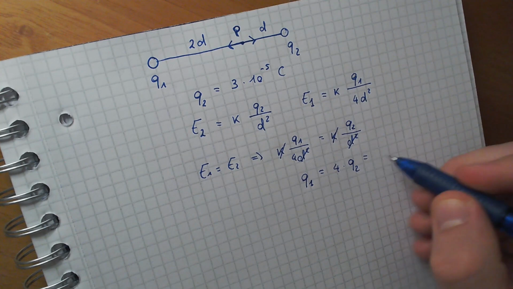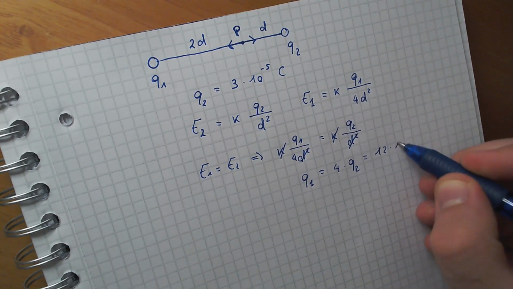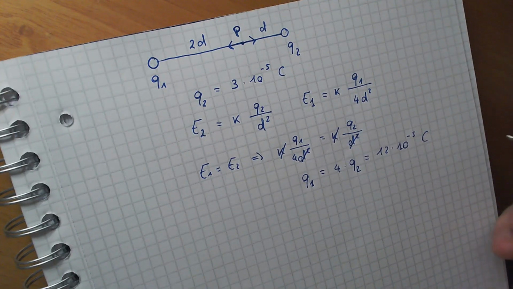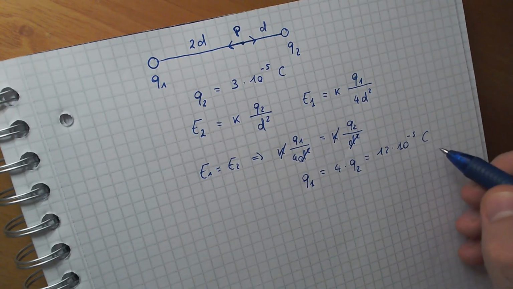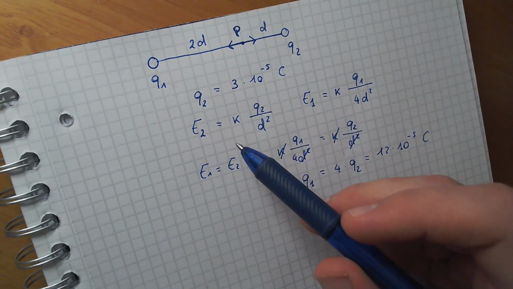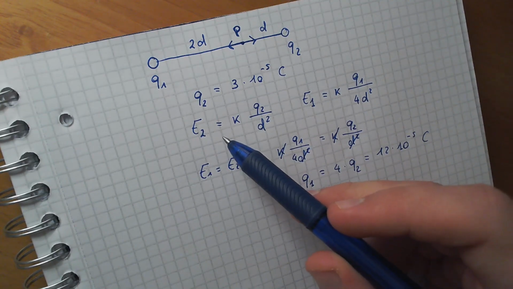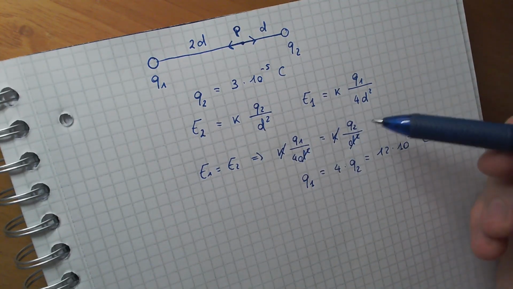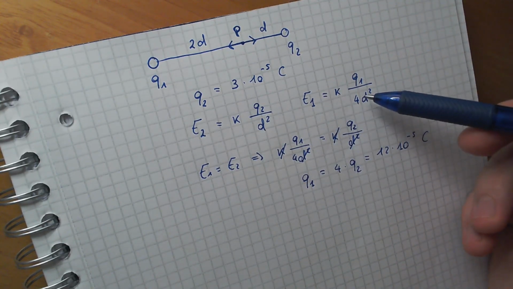So in this case it would be 12 times 10 to the minus 5 coulomb. There is a superposition principle that holds when it comes to the electric field, basically.